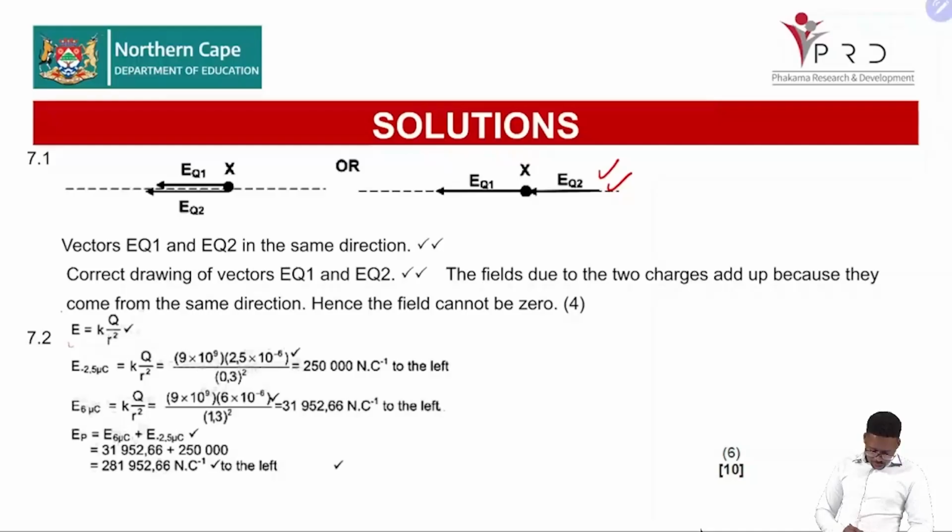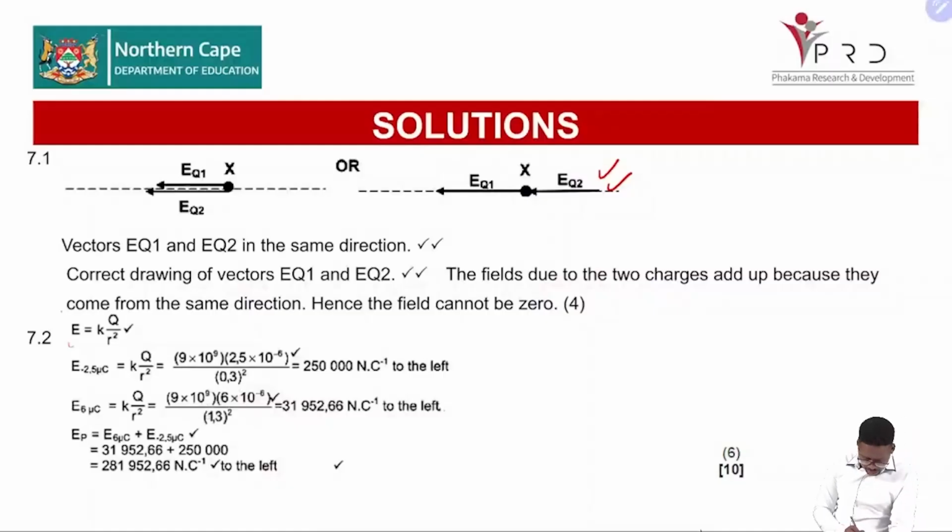And then we come to Q2. Electric field for charge number 2 is equal to KQ over R squared. Our K is 9 times 10 to the power 9. Our Q is 6,6. Let's substitute.